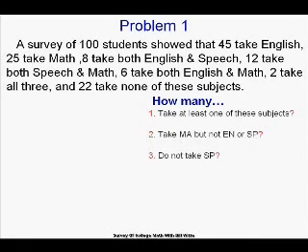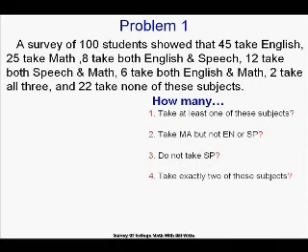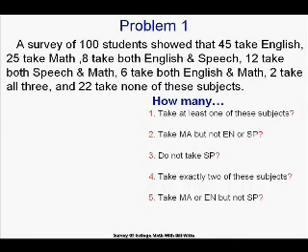How many do not take speech of the 100? How many take exactly 2 of these subjects? How many take math or English but don't take speech? How many take English and speech but don't take math? These are the kind of questions that someone might ask you, and you don't want to have to resurvey.